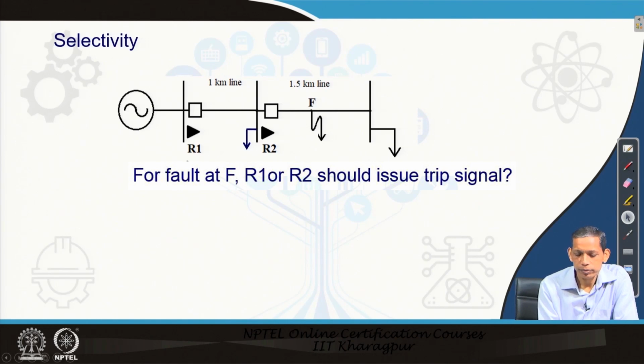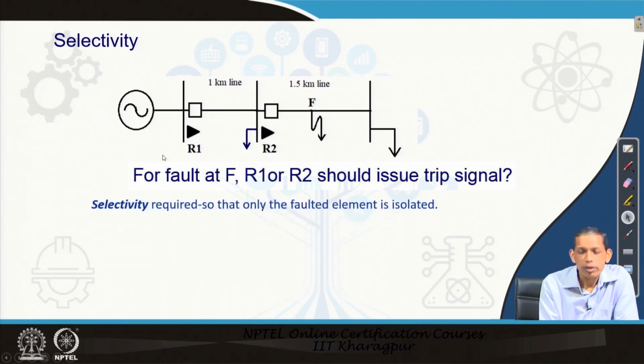However, for the fault at F, the current through R1 and R2 will be the same. Therefore, it becomes a challenge for R1 and R2 as to which one should act first. But the requirement is that R2 should act first before R1.